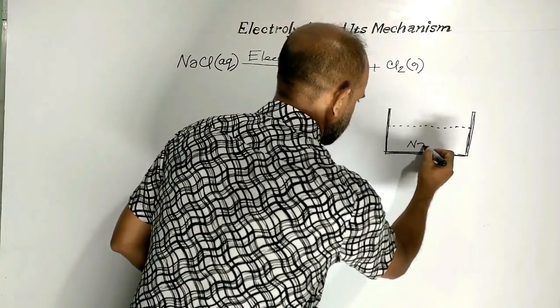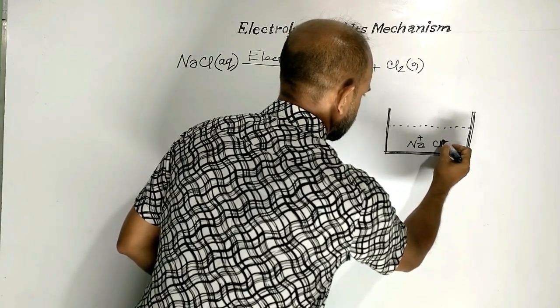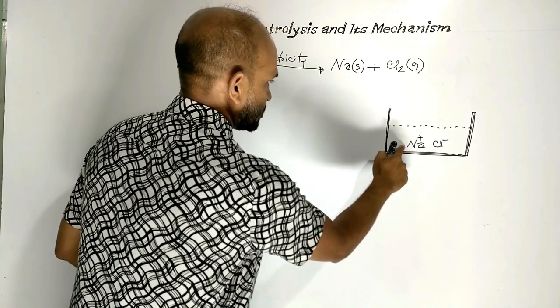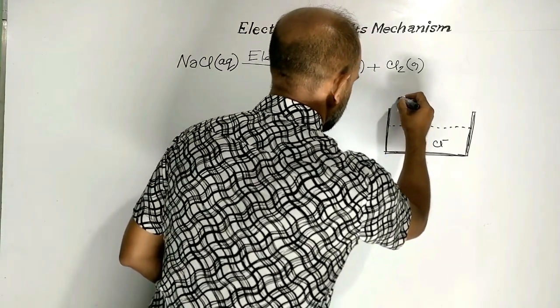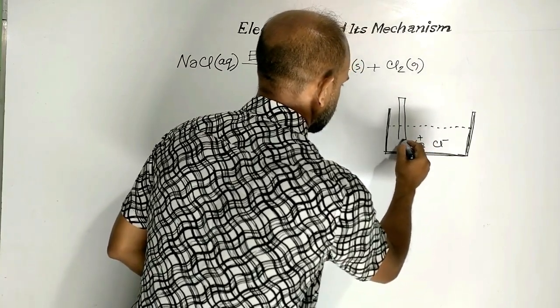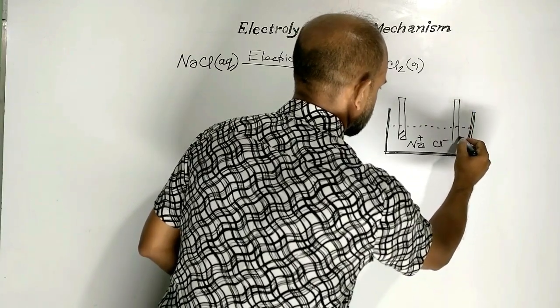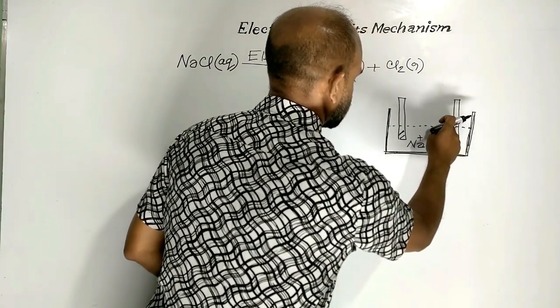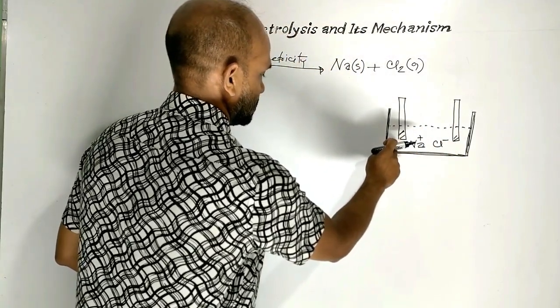Suppose this is an electrolytic solution of sodium chloride. In this solution, two metallic strips are immersed. Metallic strips are submerged in this solution.